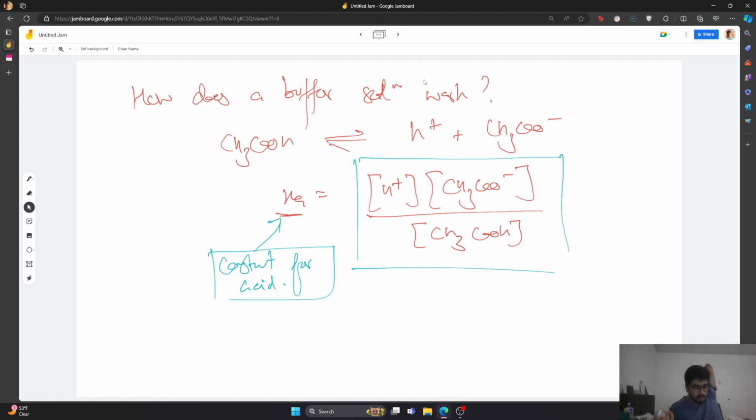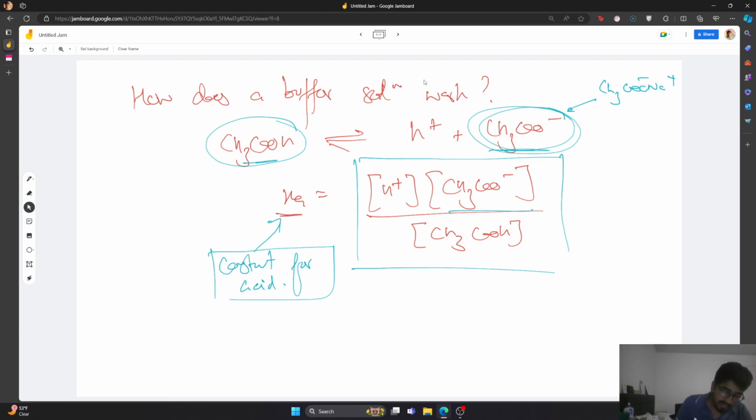So in your solution, you have something, and this thing can be produced from this thing through this reaction. But you also have an acetic acid salt, CH3COONa. So CH3COONa produces this ion. It can also be produced from the acid, but the salt disturbs the equilibrium, in the sense that there is an external source, an input that controls this.